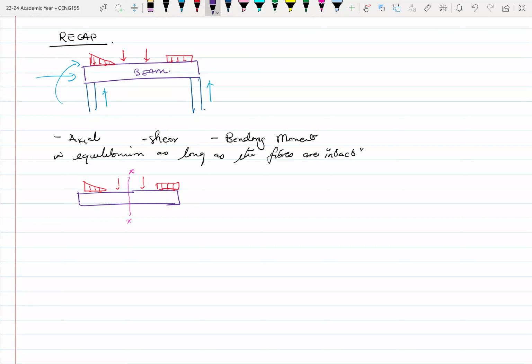That's what I'm pretty much trying to achieve over here. So when I do that, I will have one piece on the left and then the other on the right. So the one on the right will have these loads. Okay. Then the one on the left also have its loads as we had previously.